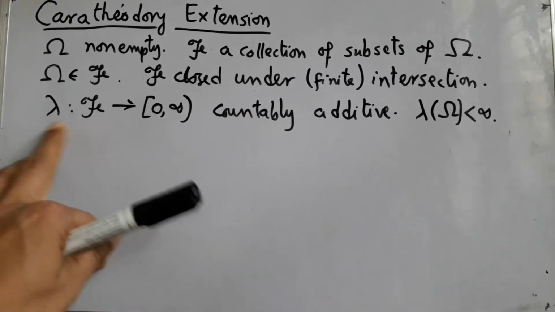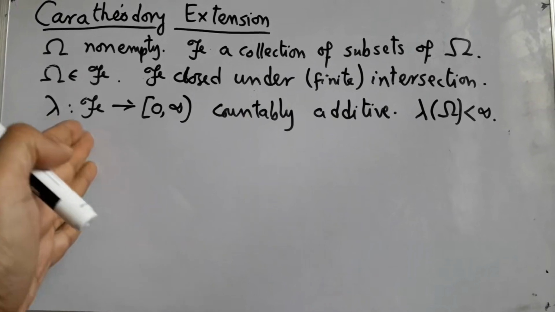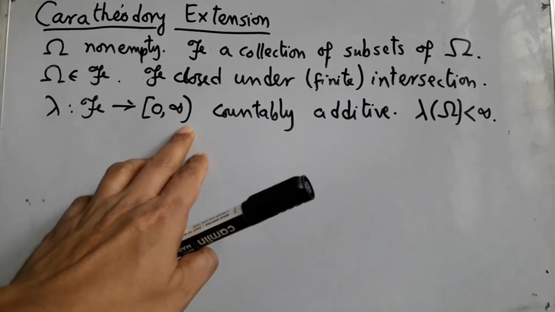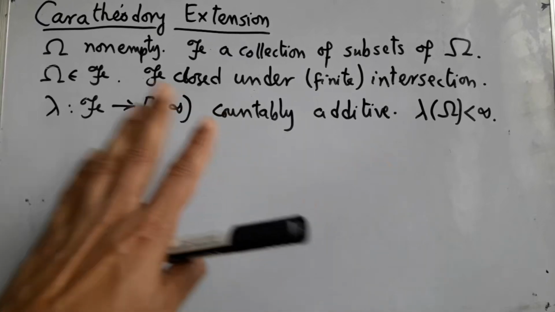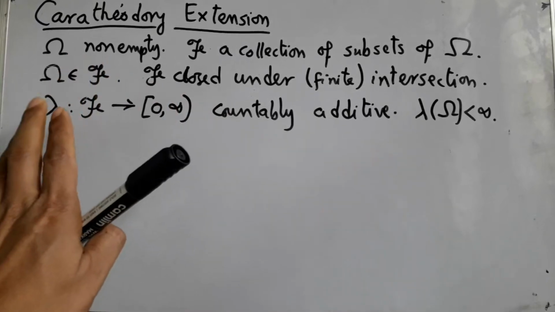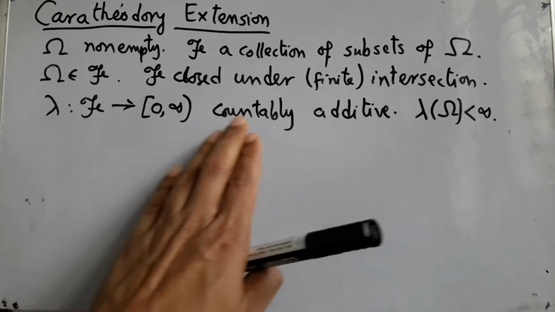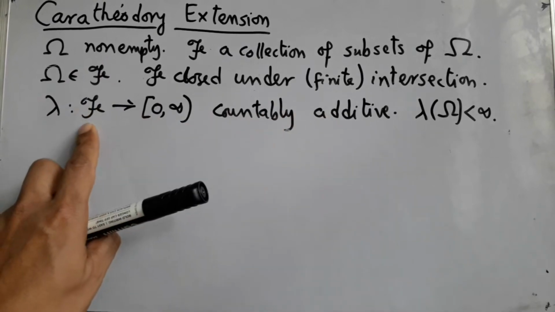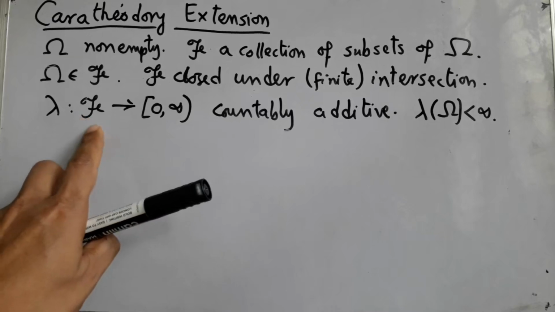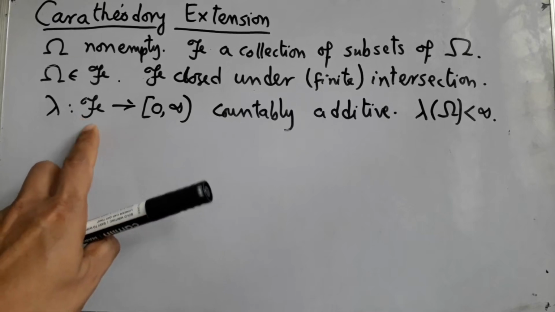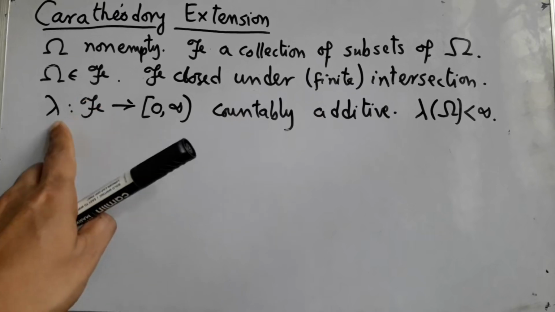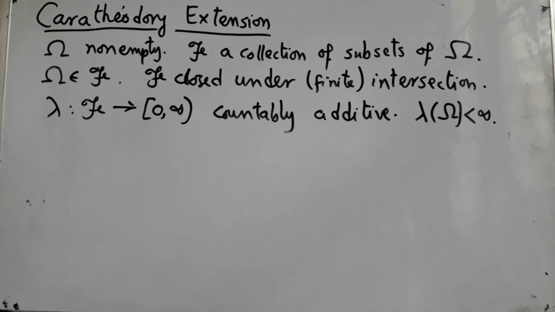And here is that length function, or in general a measure. So lambda from script F to [0, infinity), that is countably additive. So all that I need for this lambda is any function non-negative and countably additive, which means whenever you have any A1 to An inside script F, disjoint, and their union is in script F, then lambda should split up.